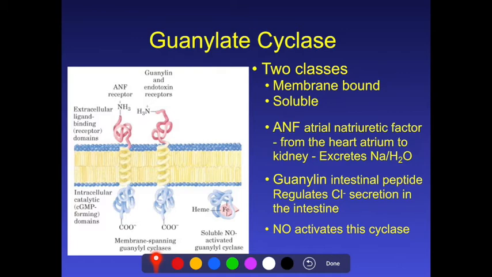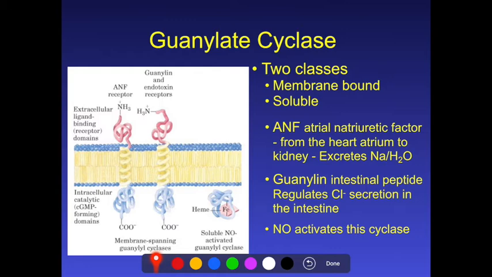Now, there are two classes of the cyclases, and the cyclases in this class, represented by two specific examples, are bound to a receptor. So this is a receptor enzyme combination.